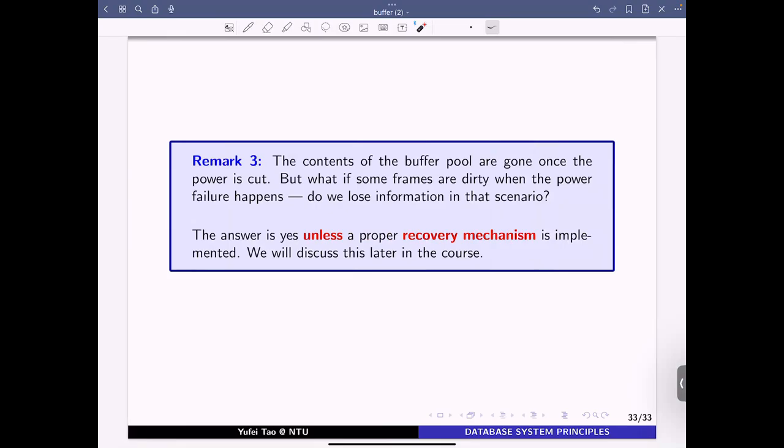Remark number 3: there is potential danger of information loss if you are not careful. Why? Because the buffer pool sits in main memory, but main memory is vulnerable to power cuts. When you lose power, all the information is gone. That's a real danger. Just imagine you give me $1, so my account should be credited with $1 and go up by 1.